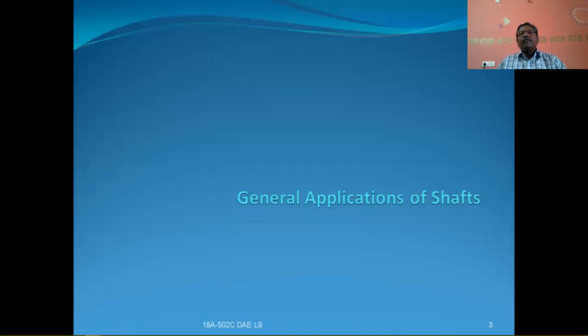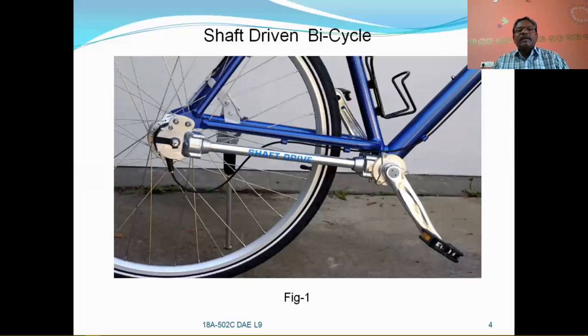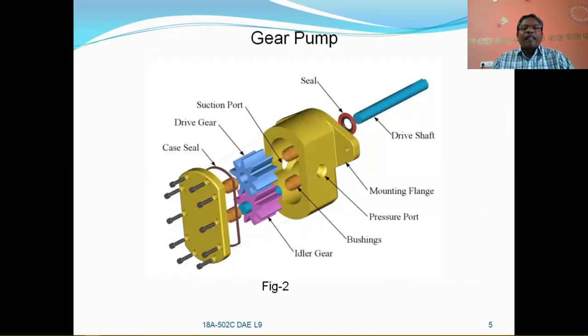General applications: where we are going to use shafts. If you see, in many areas, we are going to use shafts. In the case of a bicycle, here is one shaft and also another shaft. Similarly, in a gear pump, this is the drive shaft.